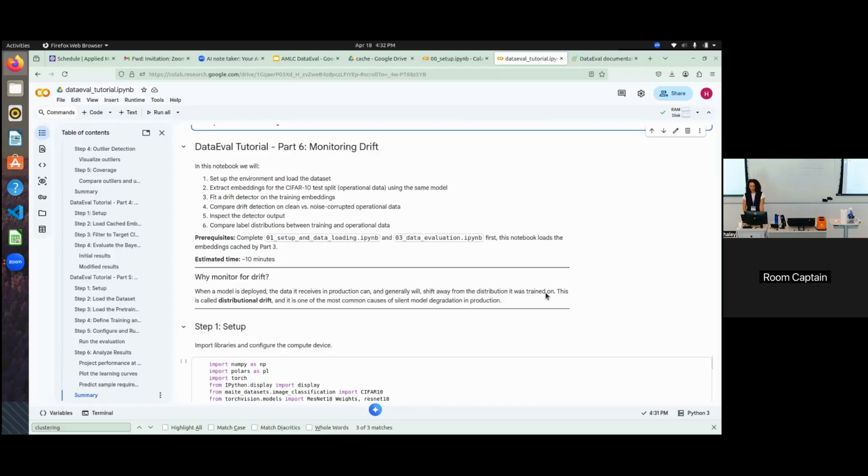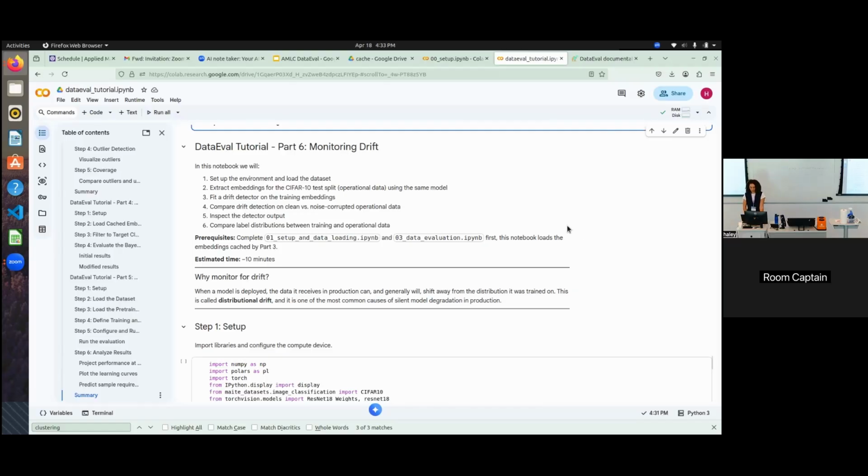When a model is deployed, the data it receives in production can and generally will shift away from the distribution that it was trained on. This is called distributional drift, and it is a cause of silent model degradation in production.